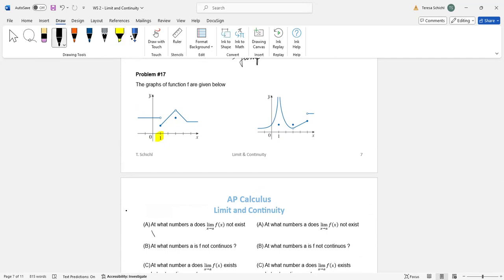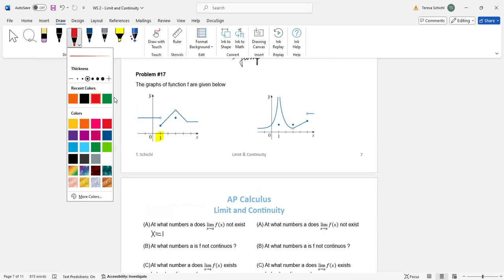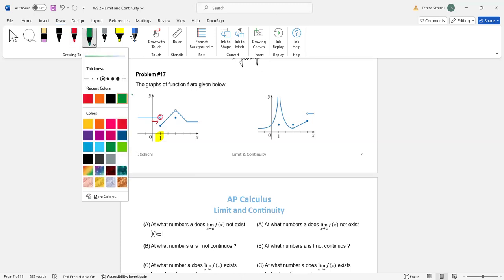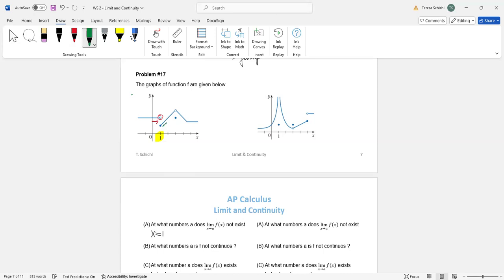So at x equal to 1, the limit does not exist. Why? Because if you approach from the left, you get this value, and if you approach from the right, you go down here and get this number. So their limits are not equal, so I know the limit as x approaches 1 does not exist.